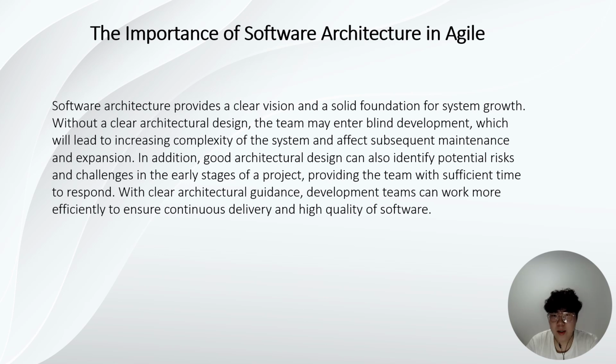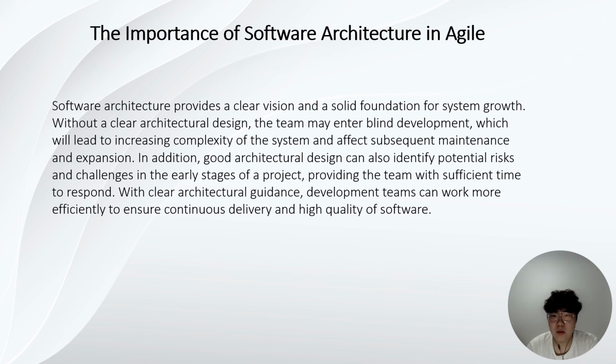And then software architecture provides a clear vision and a solid foundation for system growth. Without a clear architectural design, teams may enter blind development, which will lead to increasing complexity of the system and affect subsequent maintenance and expansion.